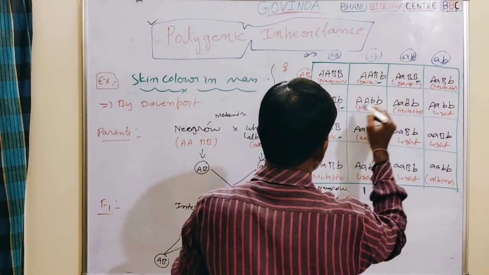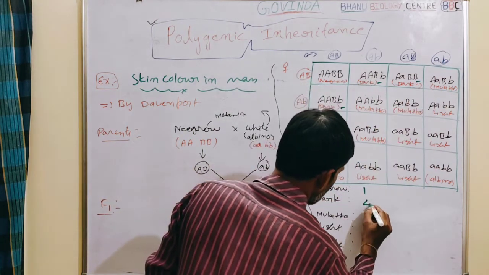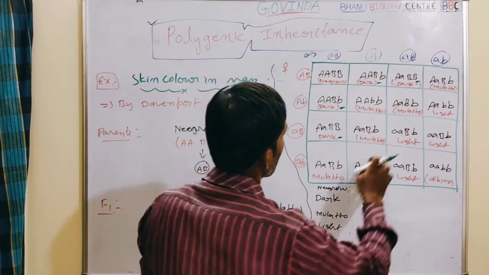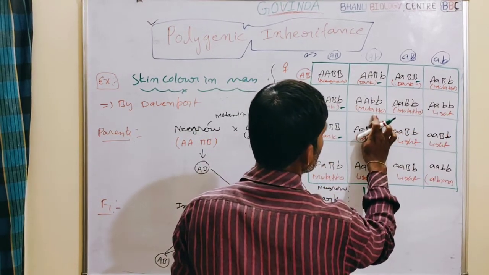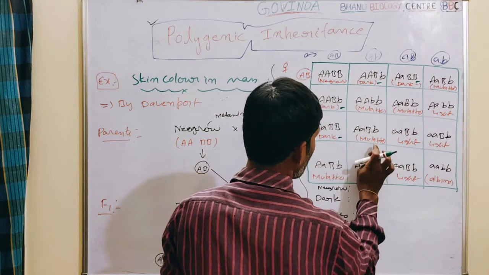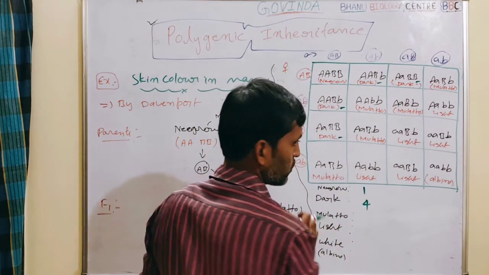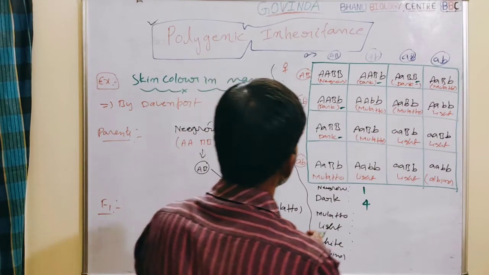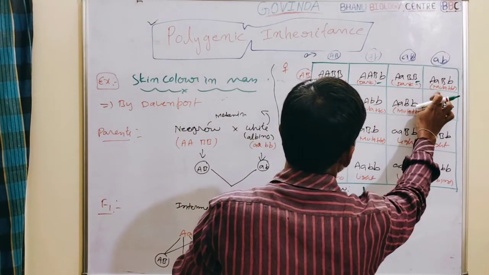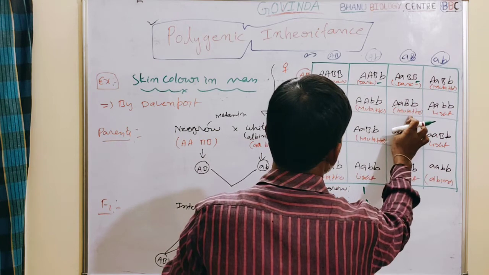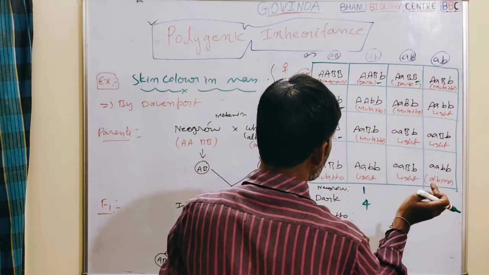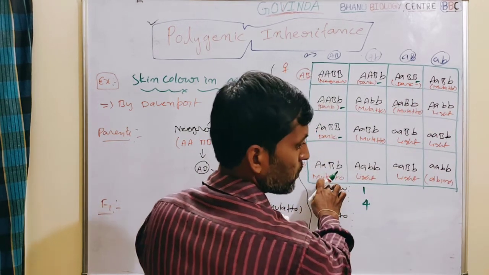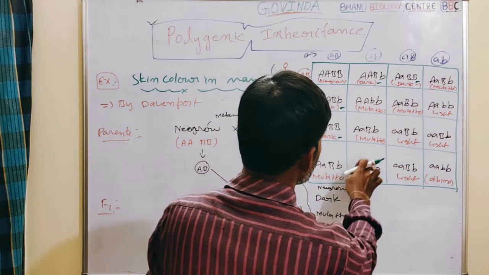So 1, 2, 3, 4 dark. Then mulatto colors: 1, 2, 3, 4, 5. In total 5 mulattoes came, but actually 6 need to come. Where was it missed? Mulatto.